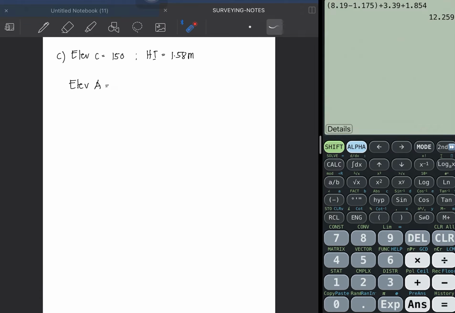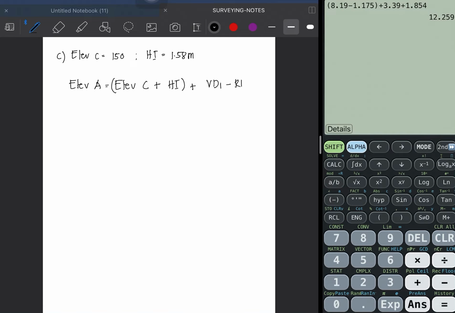Okay? So elevation at A is equal to elevation C plus HI plus VD1 minus RR1. Okay?